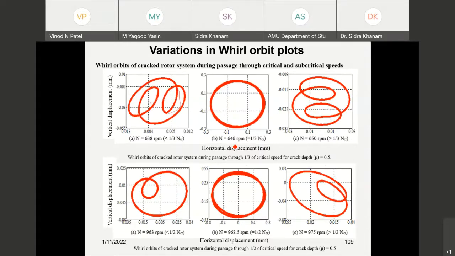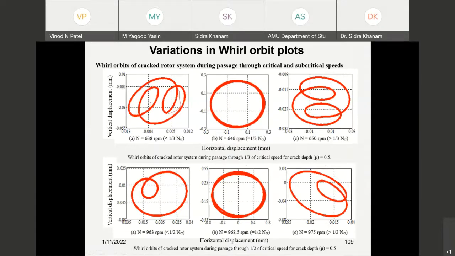When it is nearer to its 1/3 critical speed, one orbit is available, and when it is above 1/3 critical speed, again two semicircles were available in this orbit plot. So this is proof of the availability of the crack.